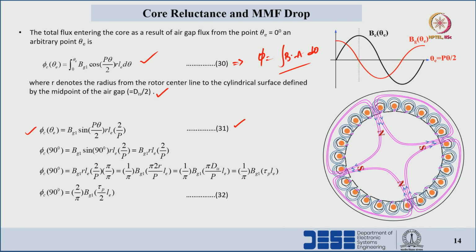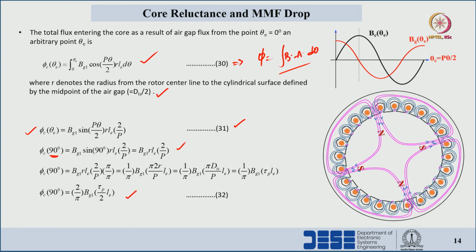Theta electrical equals P into theta by 2; at 90 degrees it will be Bg1 into sin 90 into r into Le into 2 by P, and this is the flux in the core at the 90 degree point that we are calculating.